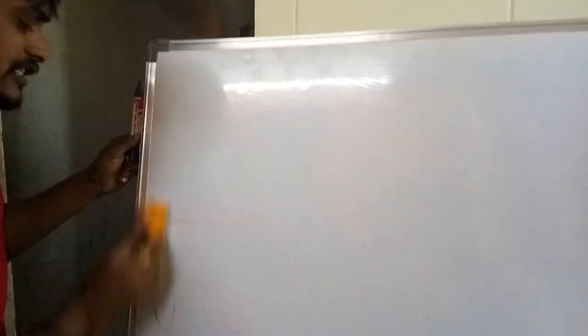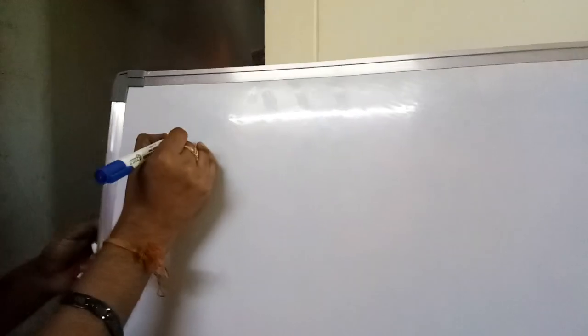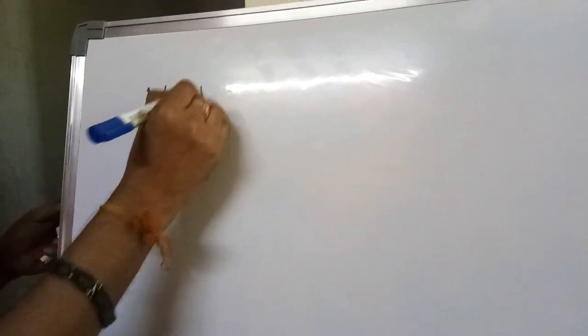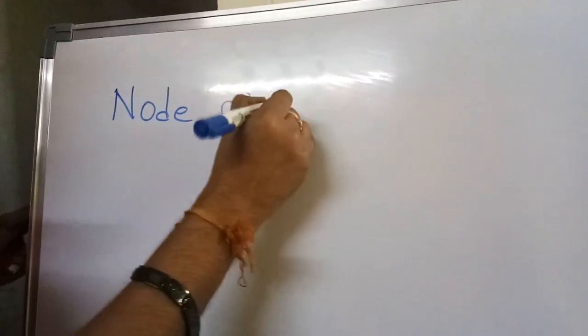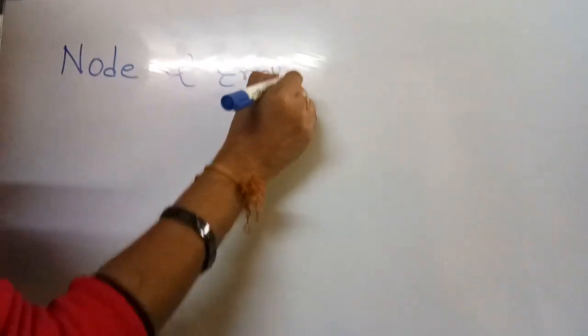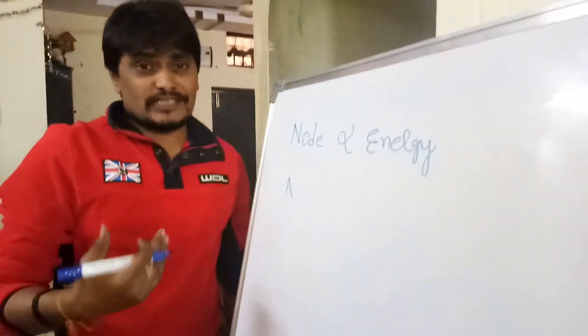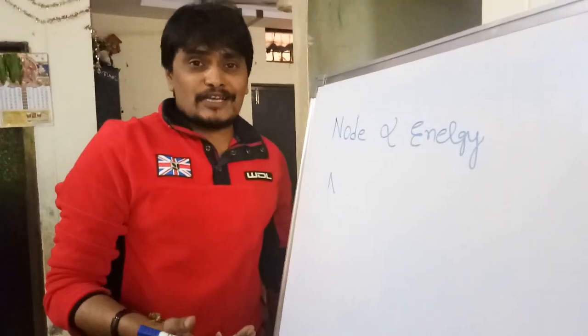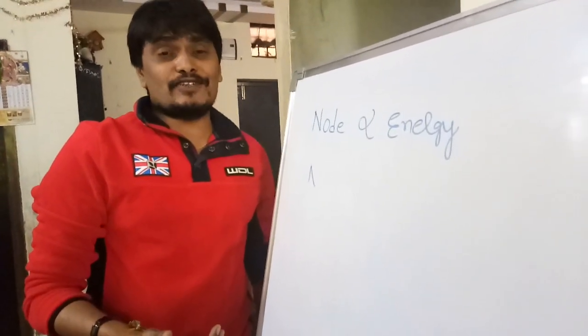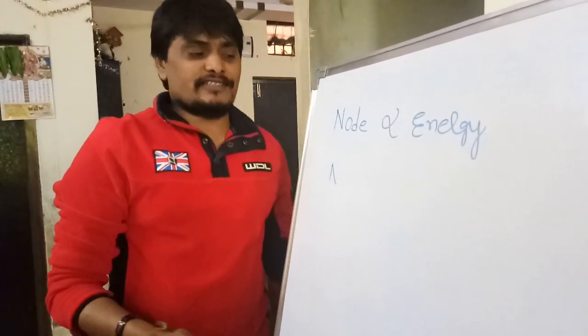Now why I am emphasizing so much on the node is that node is directly proportional to energy. Node is directly proportional to energy, and as we know that energy is inversely proportional to stability, as node is directly proportional to energy, it is inversely proportional to stability, right?